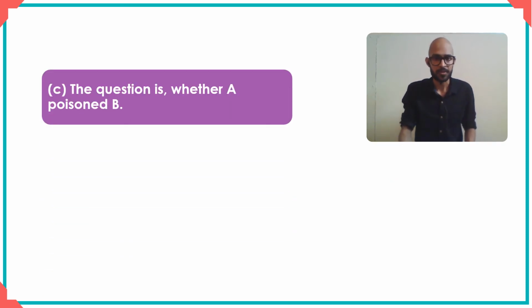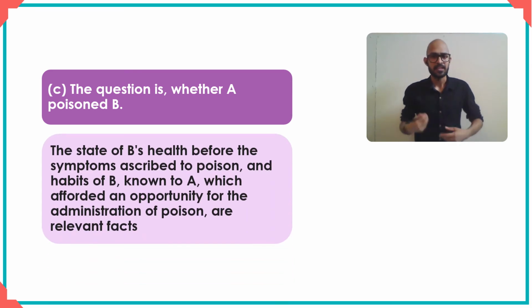The question is whether A poisoned B. Now, the state of B's health before the symptoms ascribed to the poison, and the habits of B known to A, which afforded an opportunity for the administration of the poison, are relevant facts. Let's think of it like this.